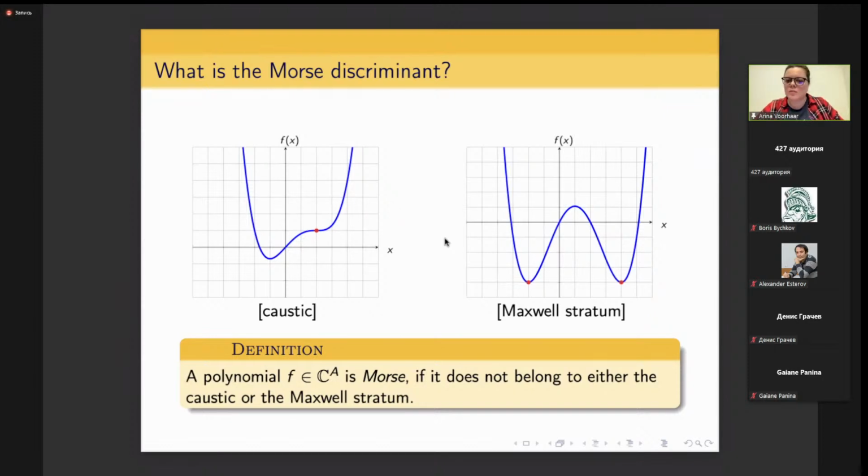If you take a function and multiply by x, then it's not the discriminant anymore.